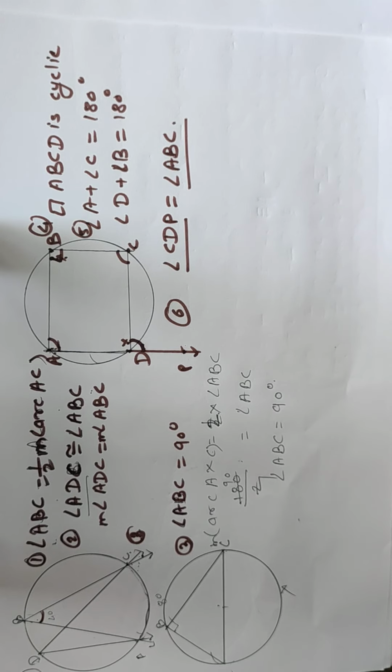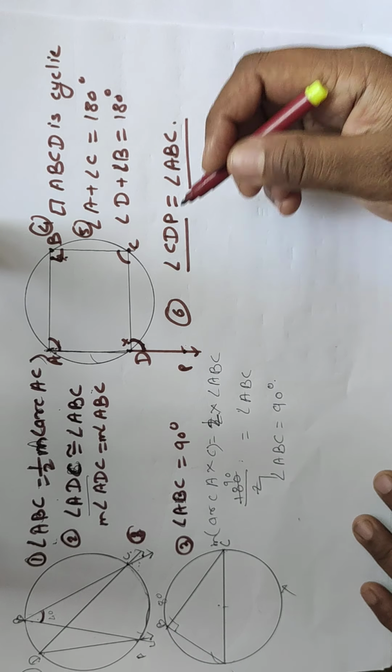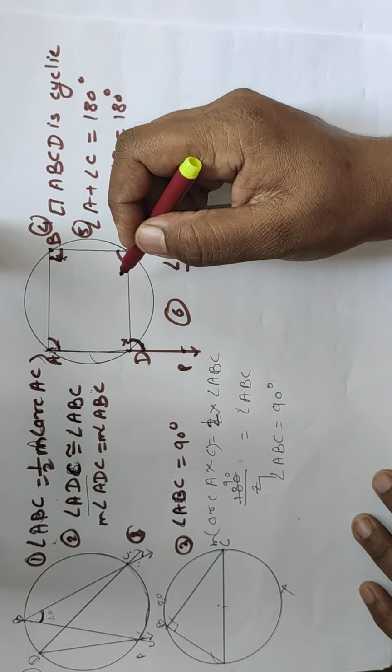Next point is the converse. If these two angles are congruent to each other, which is congruent, not supplementary.